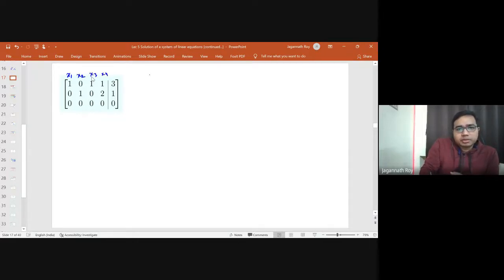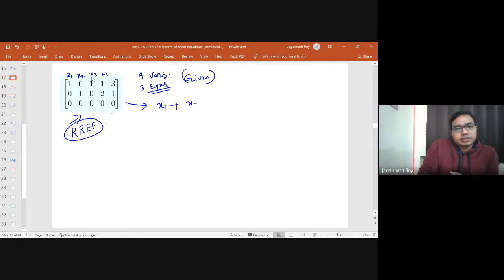We have 4 variables and 3 equations given. For the given system, we have the RREF. If we have this kind of situation, then you try to write down the equations. This is row equivalent to the given system. What will it be? x1 plus x3 plus x4.